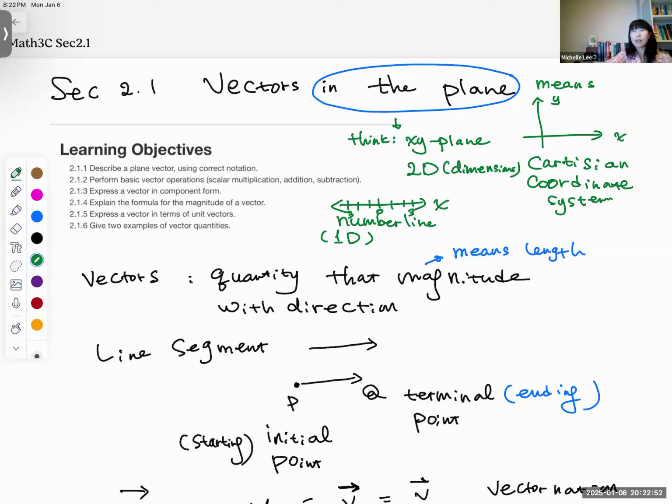Okay, then let's do this one. Equivalent vectors.